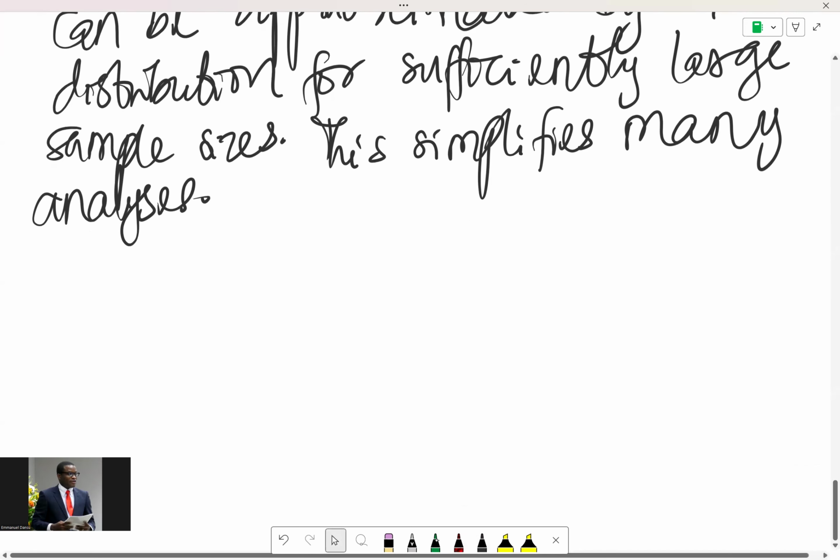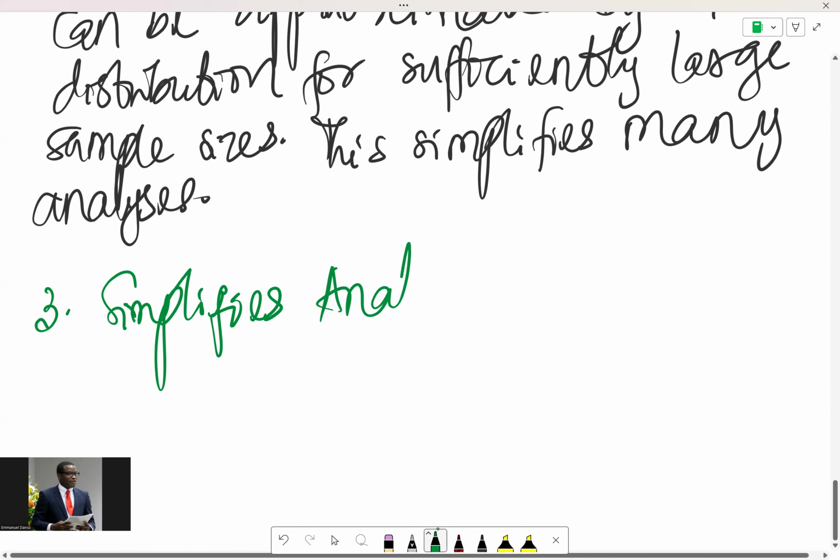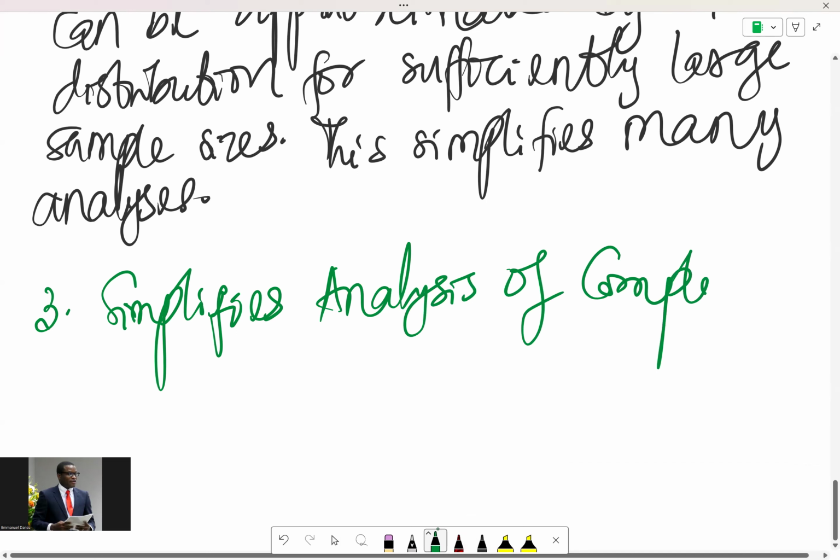Very close to that is the third point, which is that it simplifies analysis of complex data.